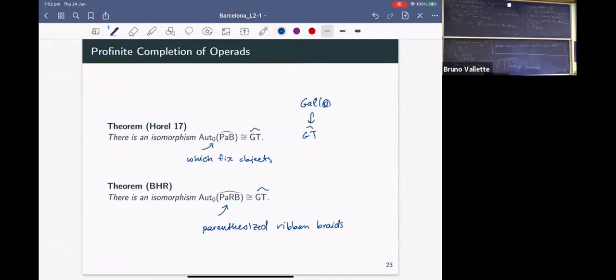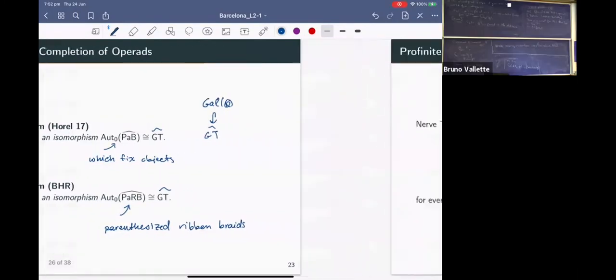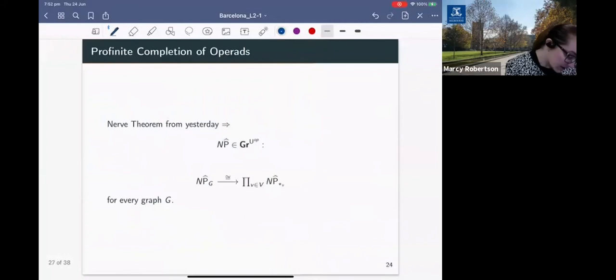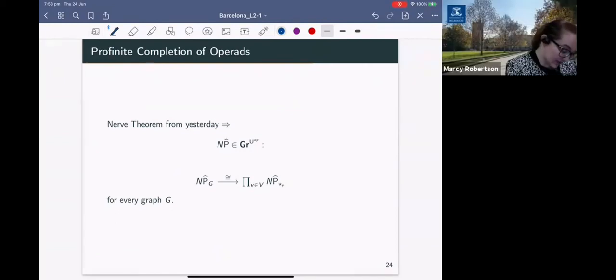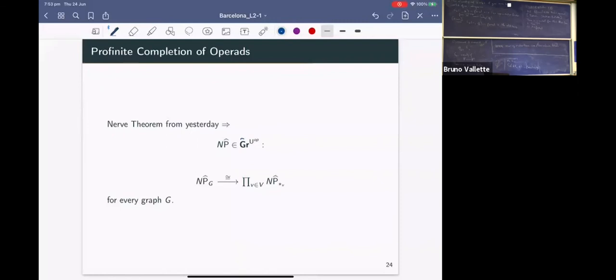Thinking about the nerve theorem and placing this into context, the nerve of a profinite completed groupoid, this should be profinite groupoids, is going to be an isomorphism.